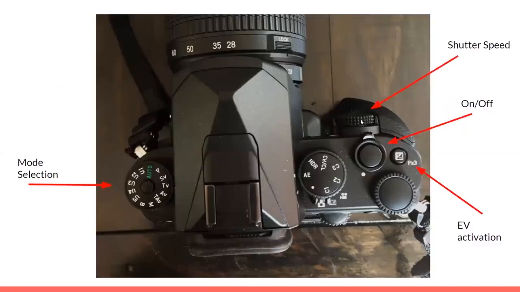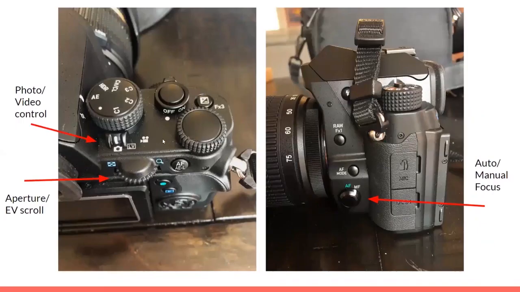So now here's a little diagram that I took of my camera. Every camera is going to be different, but this is a basic layout of what a DSLR camera might look like. Here on the left, there's the mode selection, and you can see there's TV, AV, auto, manual, etc. And then the on and off switch, and then scrolls to change things like the shutter speed. And then here's more.